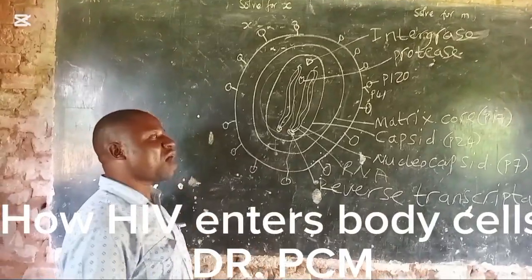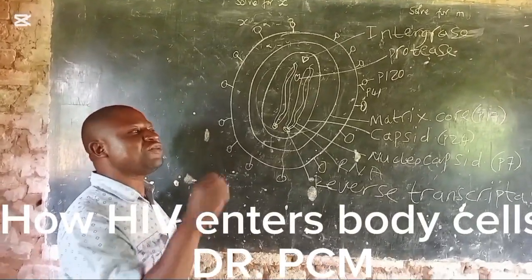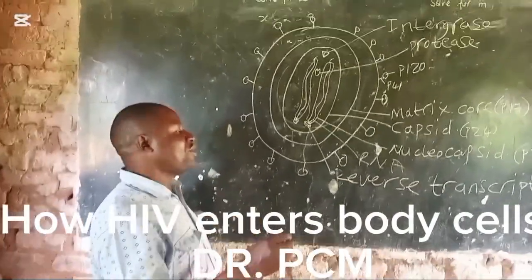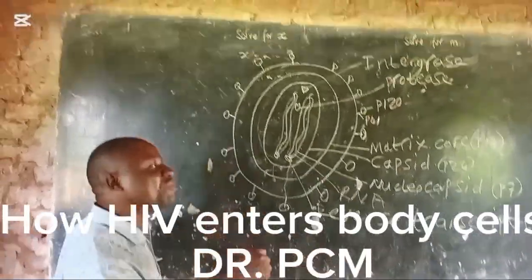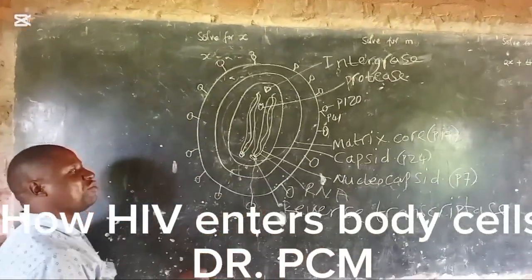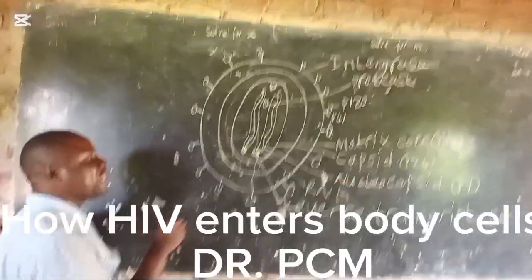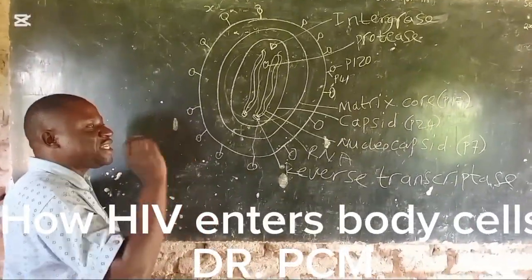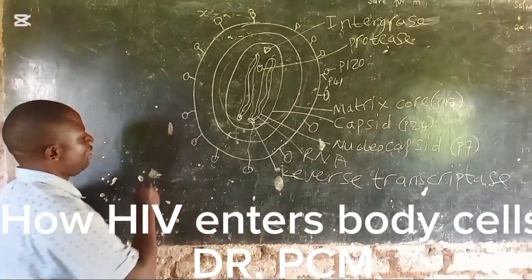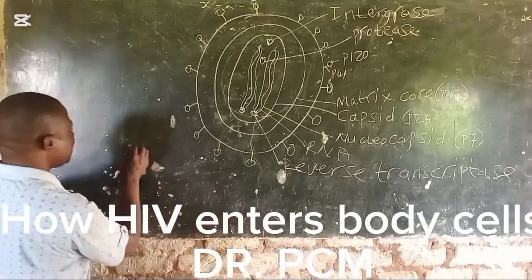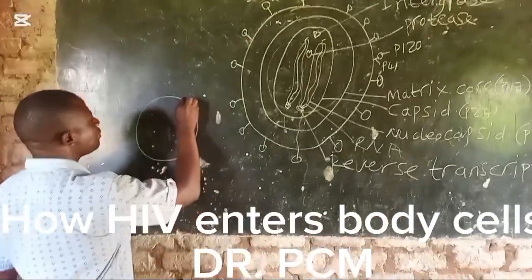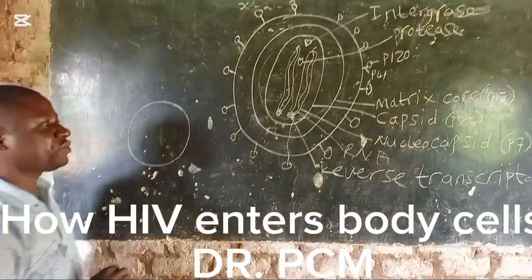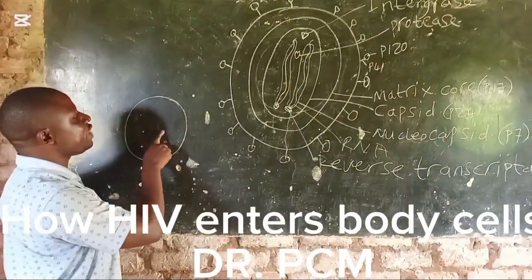Now, once it enters the bloodstream, how does it enter a blood cell? Because in the blood we have different types of blood cells. One of them it enters is the T helper cells. Now the T helper cells have a molecule.